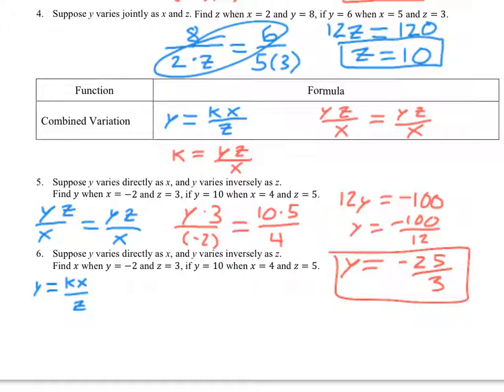So if I was solving for k, I would multiply y times z, and then I would divide by x. So my equation relating only the non-constants would be yz over x equals yz over x.